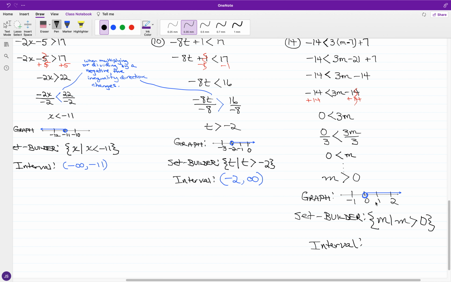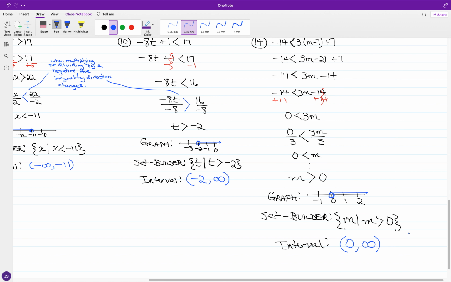And for the interval notation, we're going past 0 and going continuously on out to infinity. 0 is excluded, infinity is boundless, so we have another open interval.